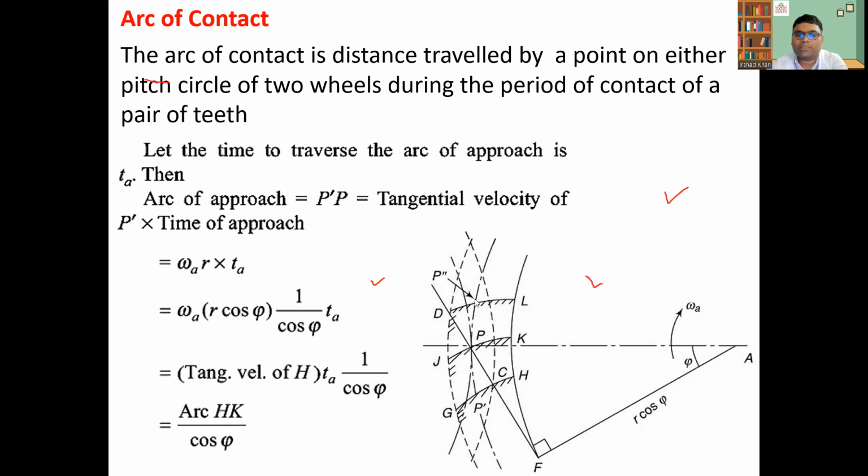So to find the arc of contact, let's assume the time to traverse the arc of approach is dA. Then the arc of approach P dash to P is equal to the tangential velocity of P dash into the time of approach. This is a simple concept.